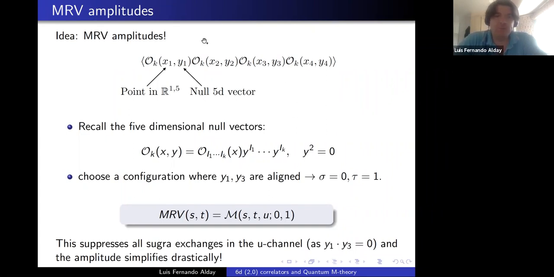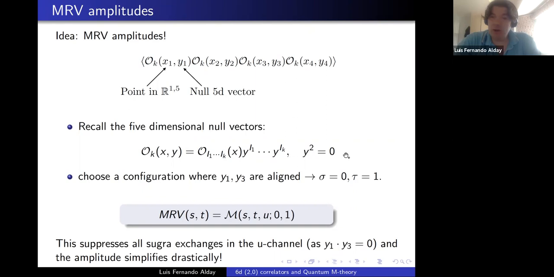Recall that we consider these four-point correlators, where each operator was labeled by a point in space-time, x, together with a null vector in 5 dimensions. The way we introduced these 5-dimensional null vectors was by contracting symmetric traceless operators with this null vector y.